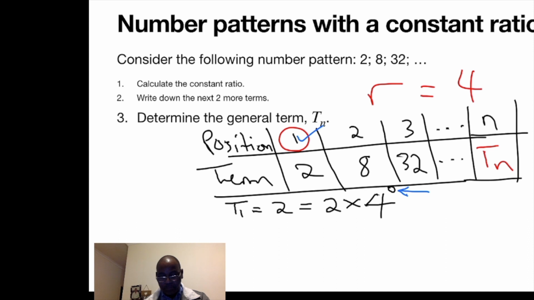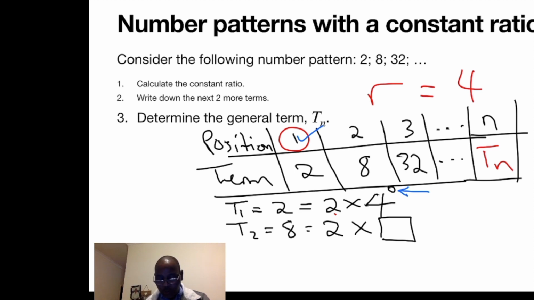T2. We all see that T2 there is equal to 8. But because the first one I wrote as 2 multiplied by something, I'll start again with 2. So I need to write 8 as 2 times something. But that something should make use of the constant ratio, which is 4.